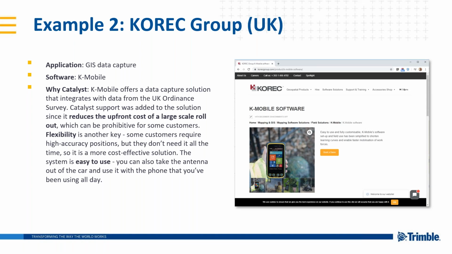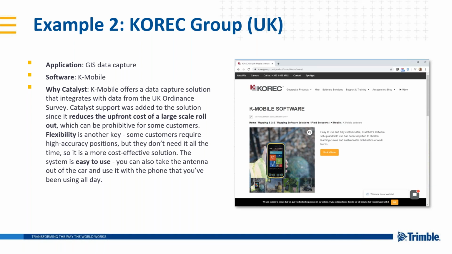So with large organizations, the upfront cost of a rollout can be prohibitive, you know, depending on who it is and what they're doing and what their business model looks like. So reducing the upfront cost was an important factor in adding the Catalyst to their solution.